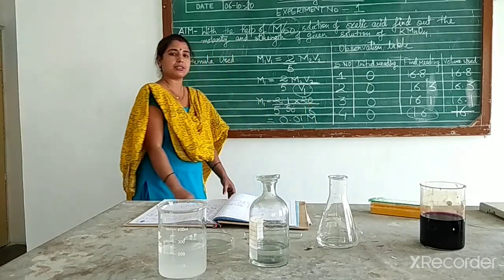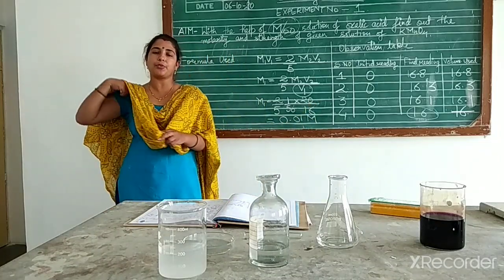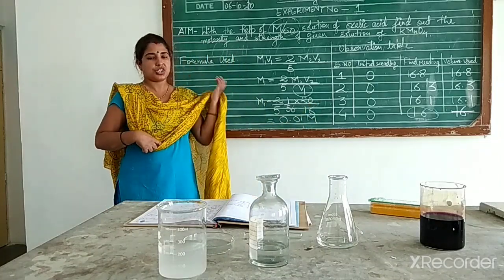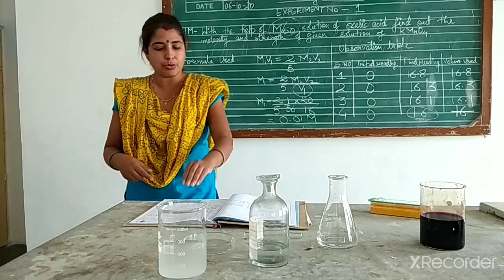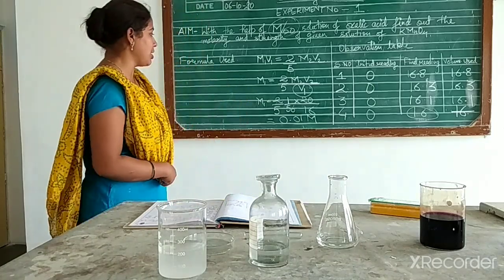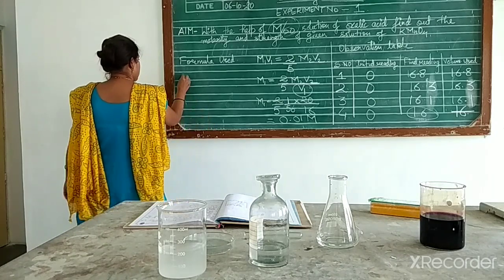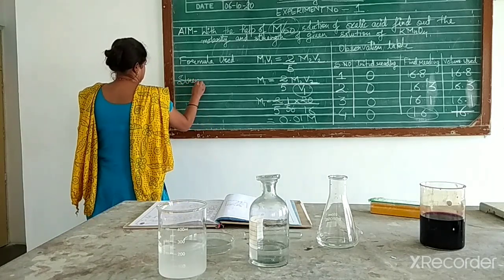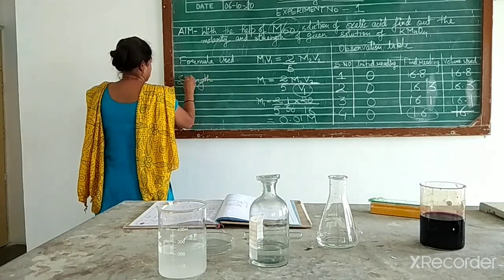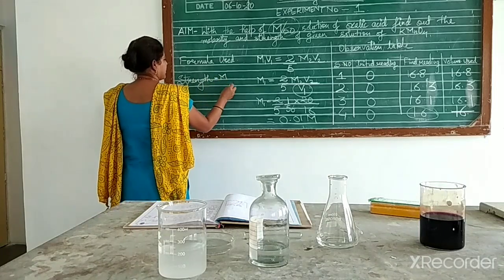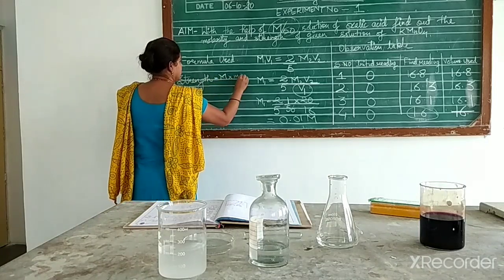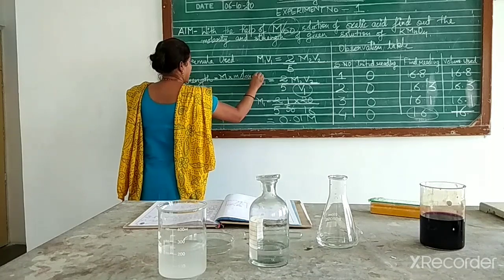Now using this, we can also find out the strength of the potassium permanganate solution. Strength is equal to molarity into molar mass.